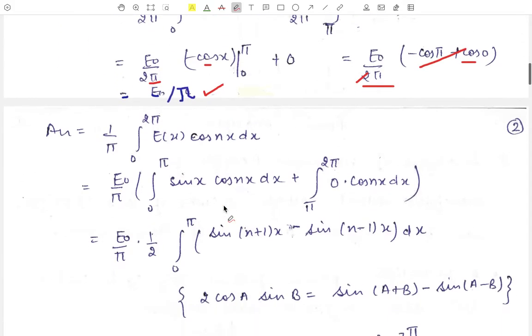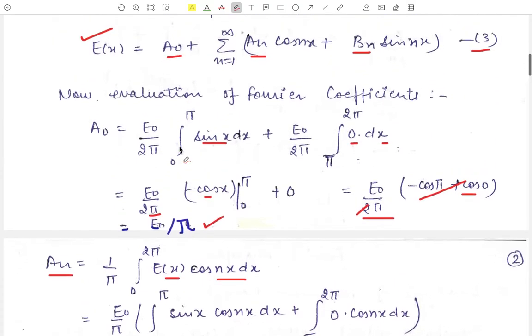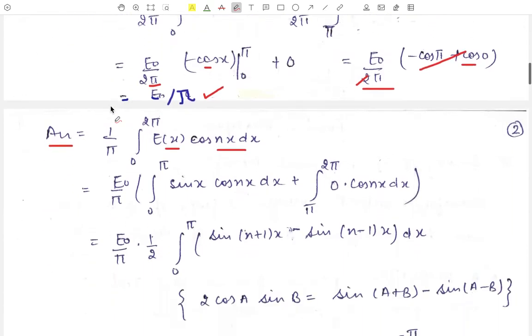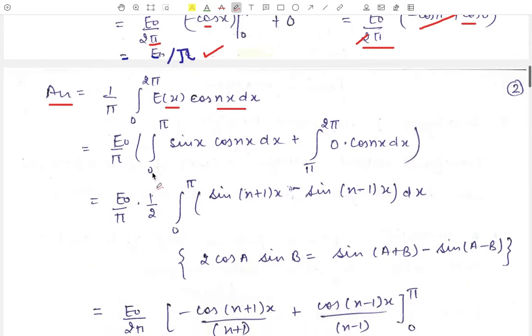Now the next Fourier coefficient an. This is equal to 1 upon pi, that is half the interval or half the time period, 1 upon pi integration 0 to 2 pi E(x) cos nx dx. Putting the value of E(x) again from this equation number 2 here, we get again breaking of limits.